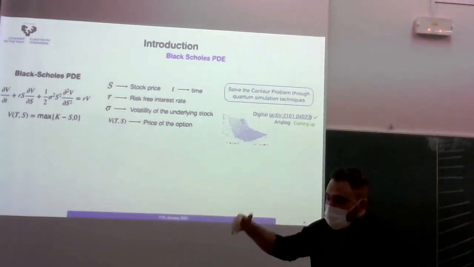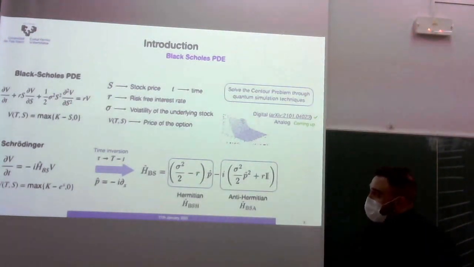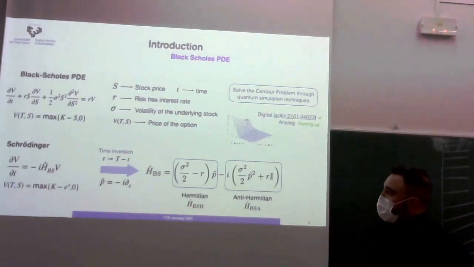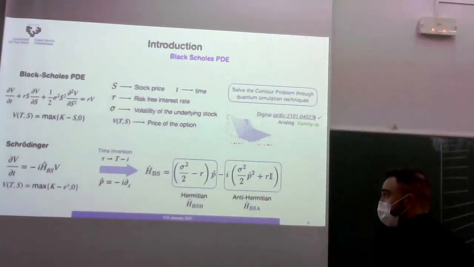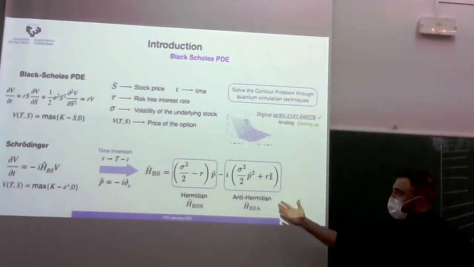So let me reformulate this problem as a Schrodinger equation. So basically, we can split the partial derivative with respect to time and obtain a Hamiltonian. And this Black-Scholes Hamiltonian has two parts. One of them is emission, and the other one is not emission.